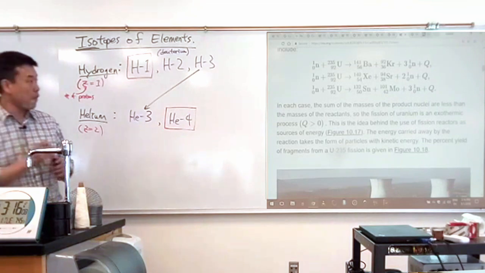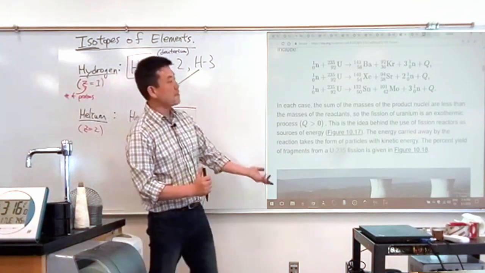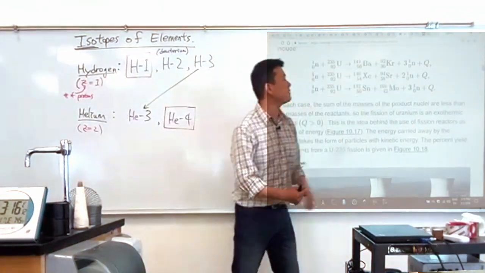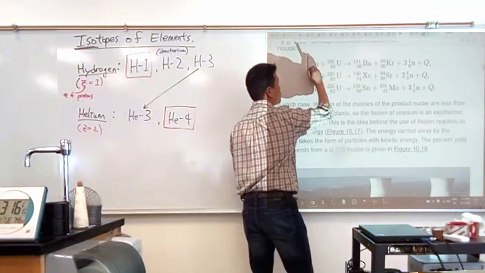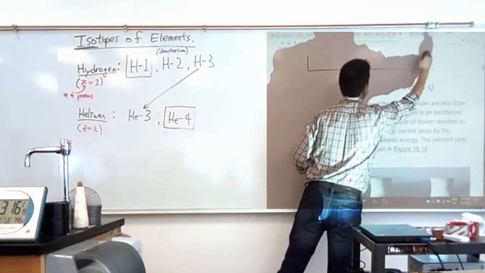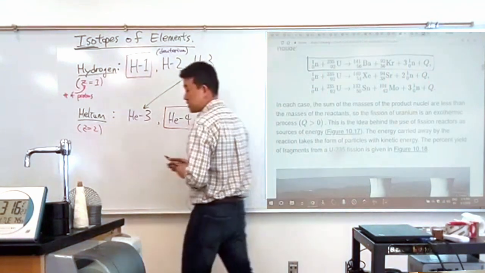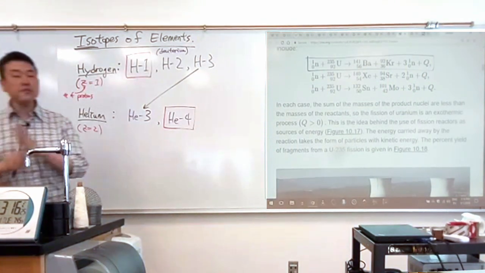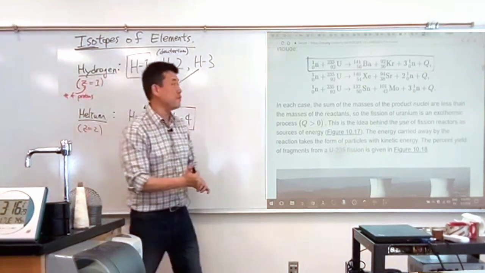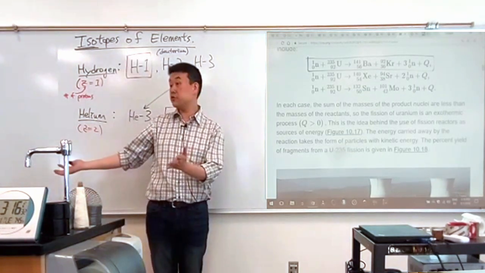We can just look at one of them, because what happens on the right-hand side has many different possibilities. What I really want you to pay attention to is the left-hand side, your starting element. When you have an isotope sitting by itself, it wouldn't undergo fission on its own.